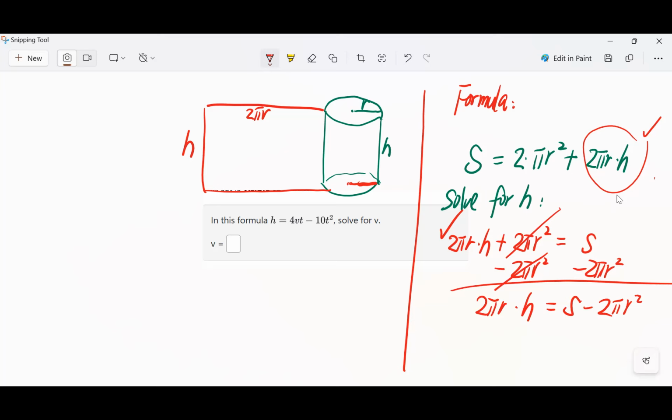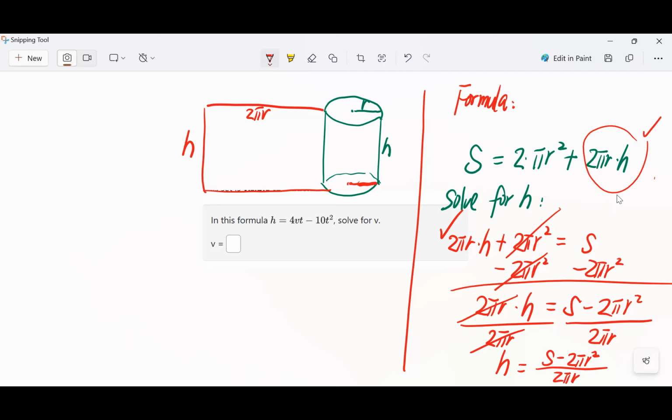From there, we're just gonna get h by itself. So we divide by whatever is in front of the h, which is 2 pi r. Once you do that, we cancel 2 pi r and h is by itself, which is what we want: s minus 2 pi r squared on the top over 2 pi r.